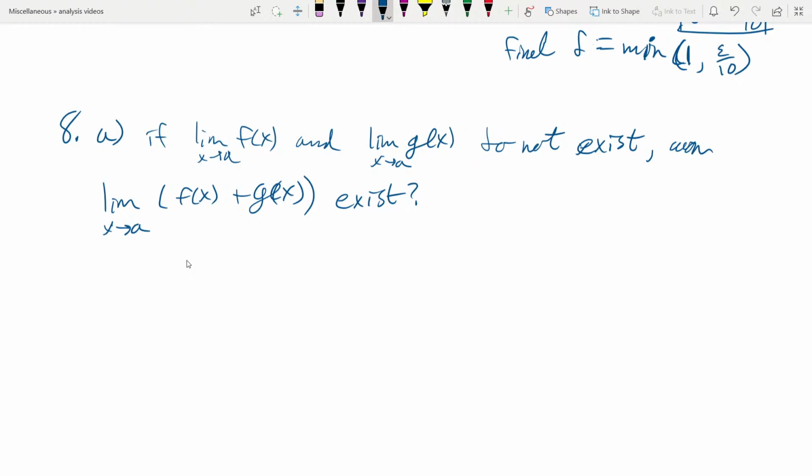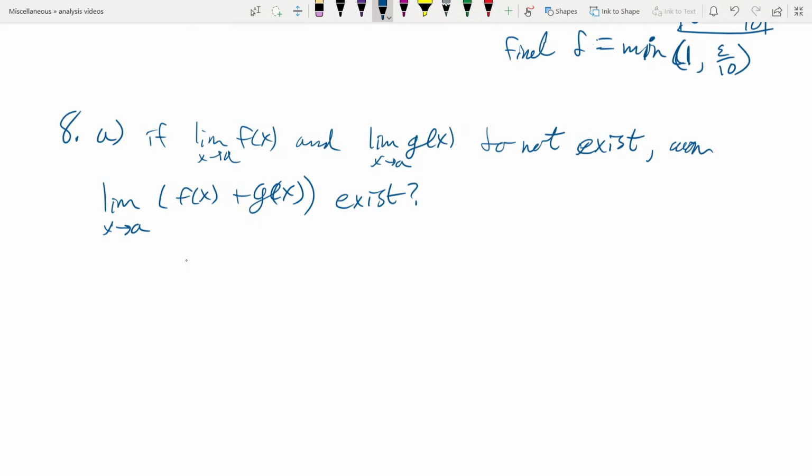All right. So the answer to these kinds of questions is, well, it depends, but in this case, yes. It's possible to add two functions which are very badly behaved and get something really simple.